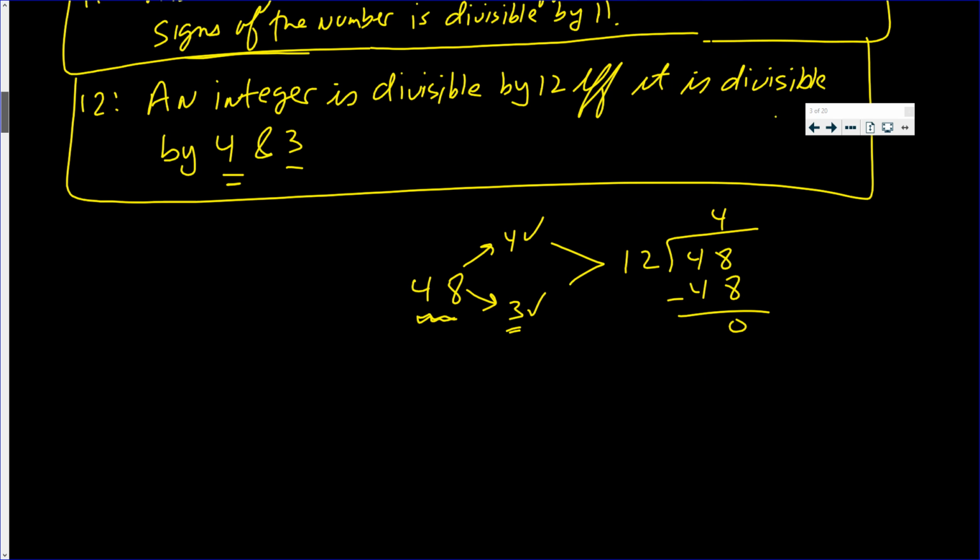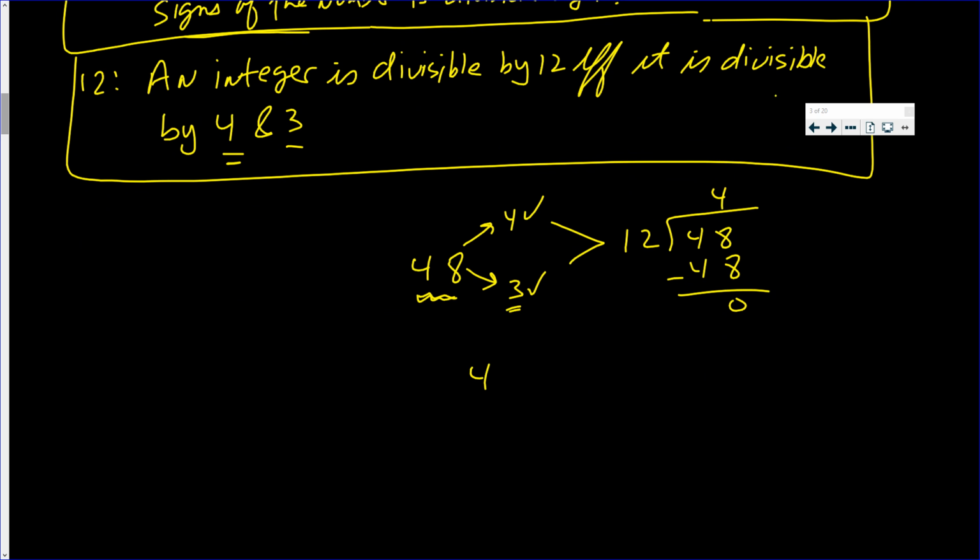But let's look at a bigger number. So we know that no matter what digits I put here, since 4 goes into 48, 4 is going to go into this number. To get it to be divisible by 3, I do 8 plus 4 is 12, plus 2 more is 14, plus 1 is 15, plus 5 is 20, plus 3 is 23. So I'm up to 23. I can only add 1 or 9.